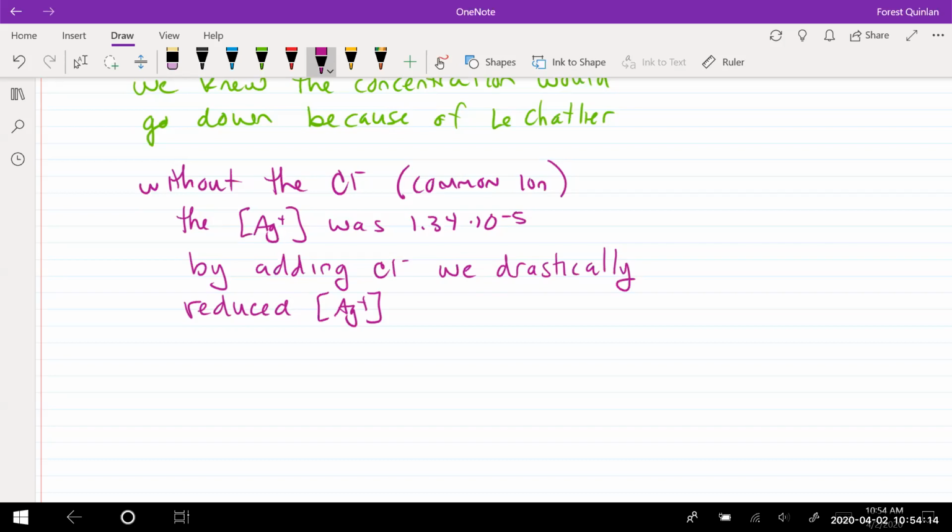So one of the ways to get things out of solution is to just dump something else in there that'll suck them out. It's a common way of getting things to drop out of solution, and we did a lab on this where we dumped in something that was going to bind up with it. In your case, it was I believe hydrochloric acid as well, and it took that silver chloride out of solution.